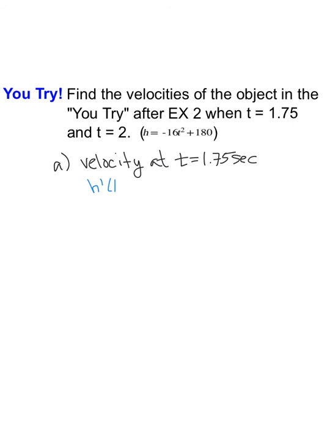So h prime of t is equal to negative 32t. So just like in our previous example, because it doesn't matter at what point you're dropping it, the instantaneous velocity is still found the same way. So then we're going to plug into this our seconds of 1.75.